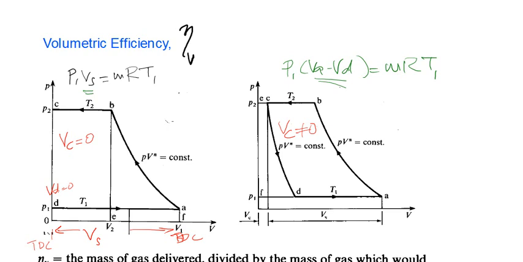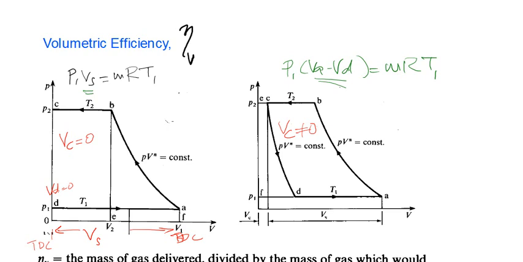In order to see how much this volume is reduced, we use the volumetric efficiency. The first definition of volumetric efficiency is the mass of gas delivered divided by the mass of gas which will fill the swept volume at free air condition of pressure and temperature. So the first definition is in terms of mass.